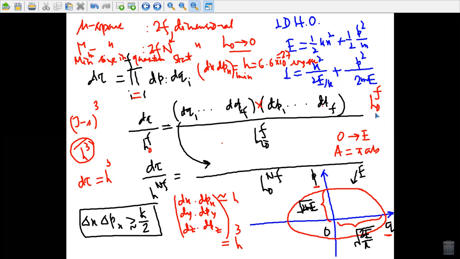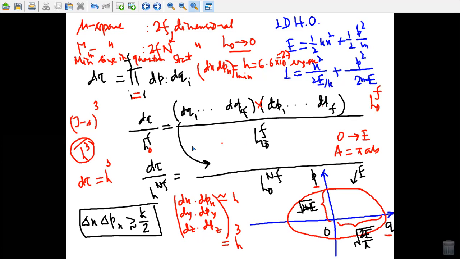Therefore, the element of volume of phase space given by the equation will contain a number of microstates, d tau by h0 to the power f, equal to dq1 to dqf and dp1 to dpf divided by h0 to the power f. Here h0 is an arbitrary constant with the dimension of erg second or joule second, and its value is taken to be as small as possible, so that the number of microstates obtained by this relation is large enough to handle with approximations.